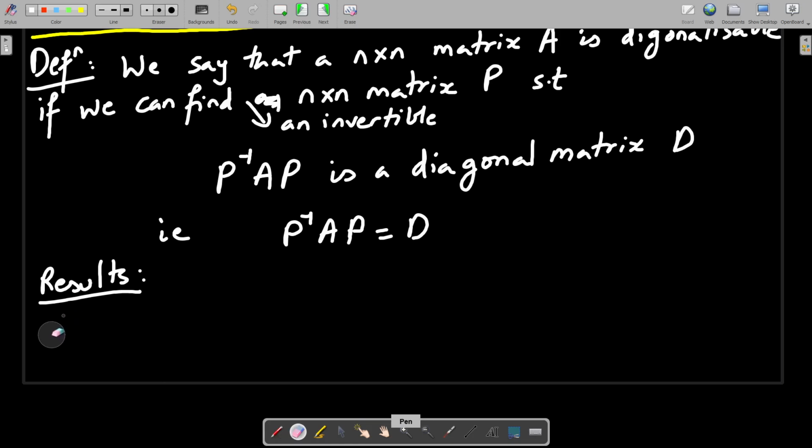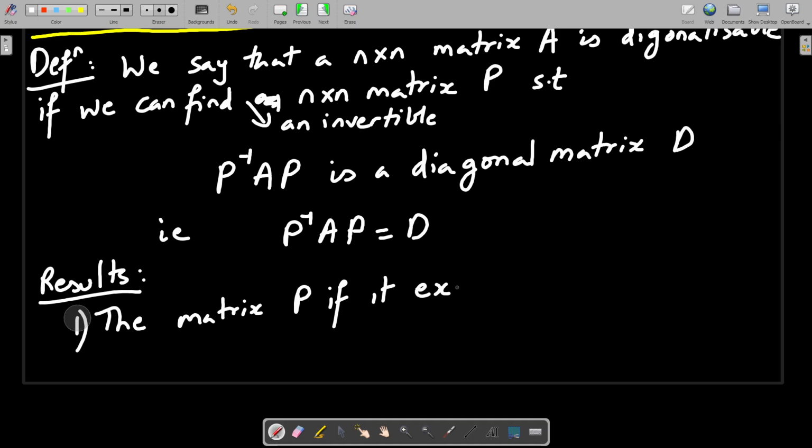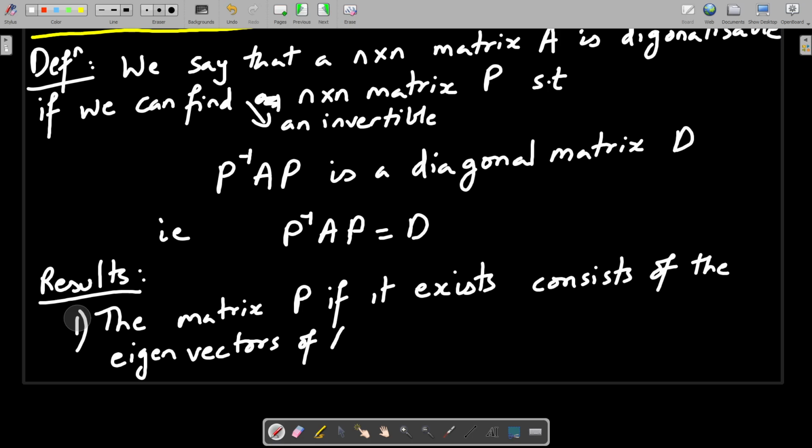The first thing is the matrix P, if it exists, consists of the eigenvectors of A as its columns.